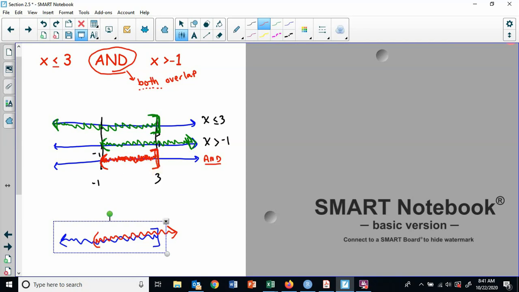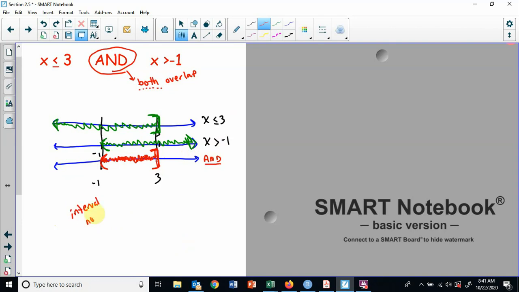Okay, so now that we have gotten our answer graph here on the 3-line method, I can write my interval notation for my final answer. So let's see, the interval notation is going to be, we start shading at -1, and we finish shading at 3. And of course we use the same end symbols that we used on the line.